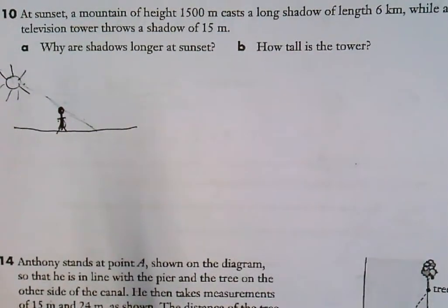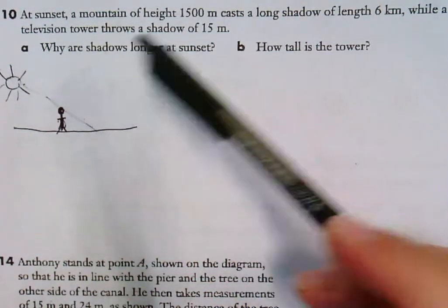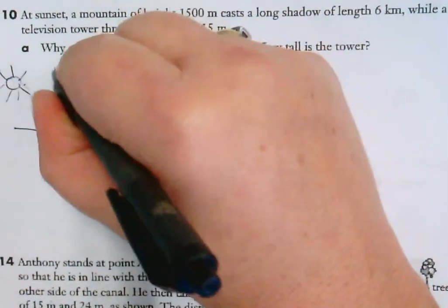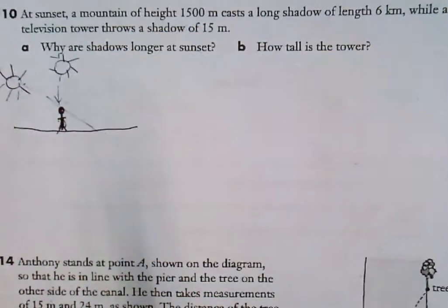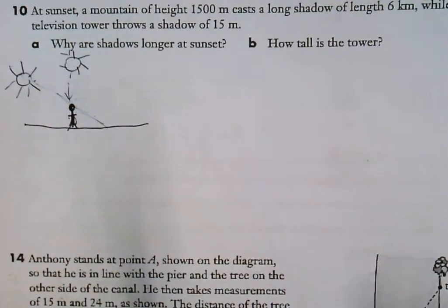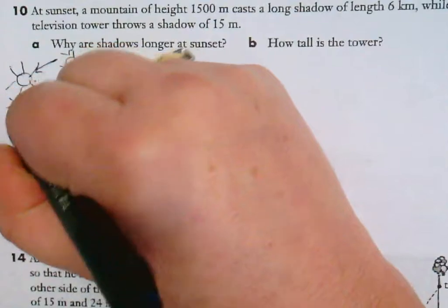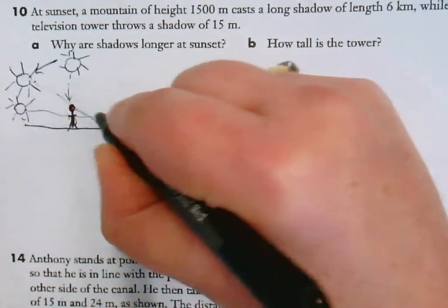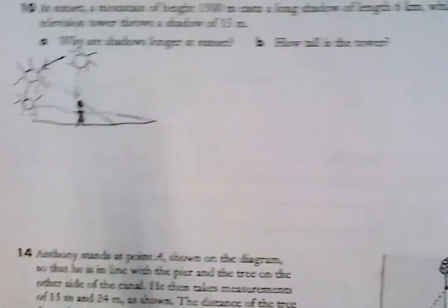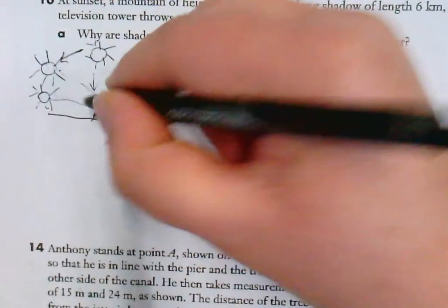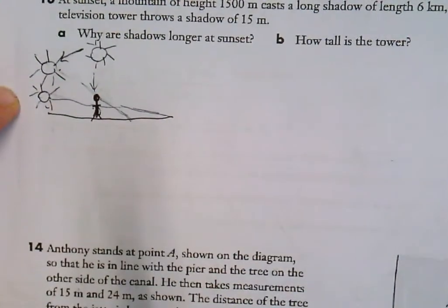Where is the sun in the middle of the day? Above you. Where is the sun in the afternoon? Down by the horizon. That is why are shadows longer at sunset? See, girls, when in the middle of the day, the sun's up here shining down. Basically, there'll be no shadows. As the day goes on, look, the sun's moving down, the shadow becomes longer. Sorry, it's got to go over this person's head. Of course, the sun's not that low in the sky.